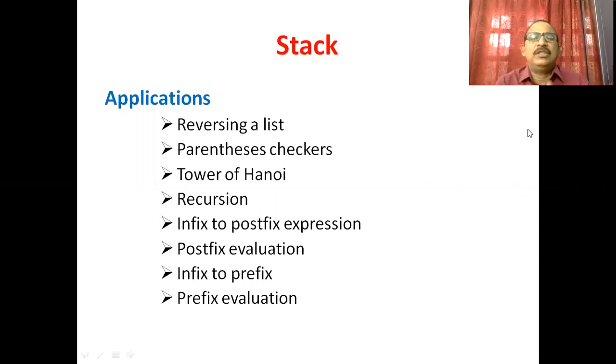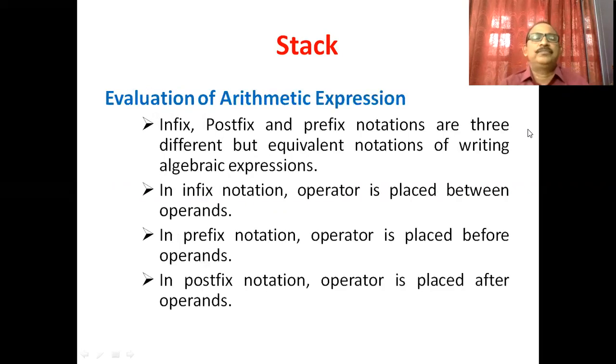When the end of the list is encountered, pop all elements of the stack until the stack becomes empty. So this way we can reverse a given list of numbers or list of characters or list of information. Now let us see one of the important applications of stack.